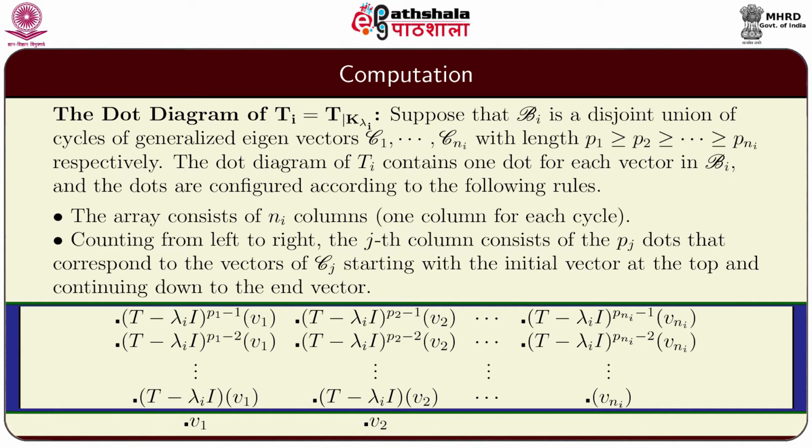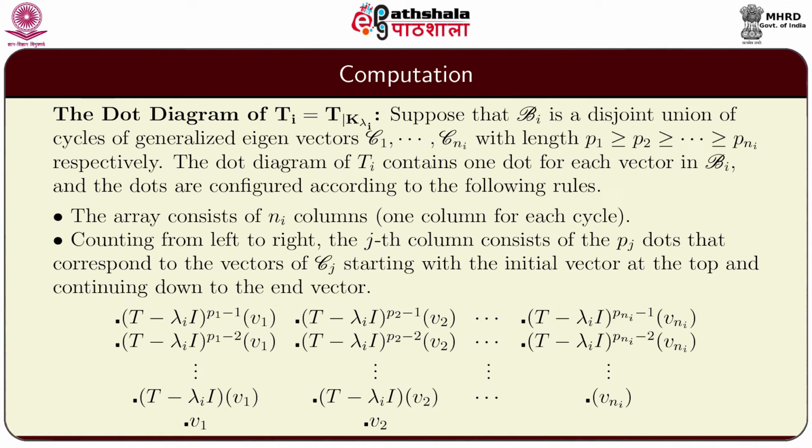In the first column, which represents C_1, there will be p_1 rows, then in the second column there will be p_2 rows and so on.